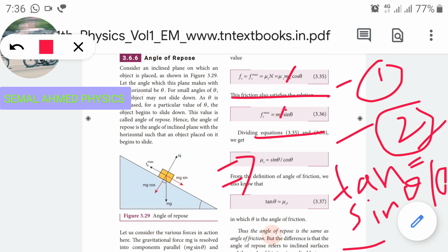So this is the relation we have to understand here. The final relation gives the same value as the angle of friction. So the angle of friction is equal to the angle of repose.